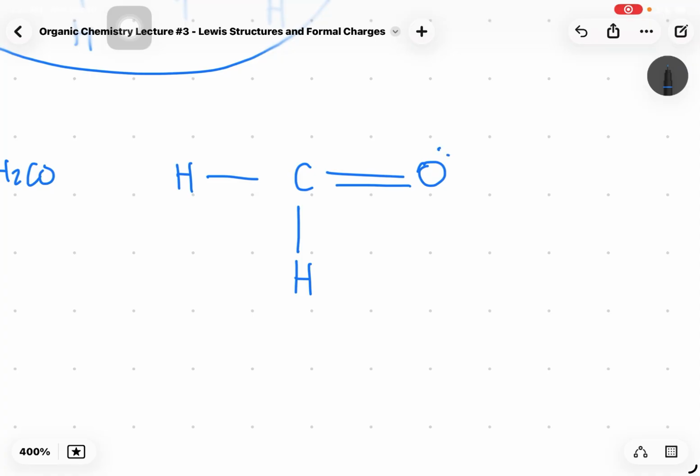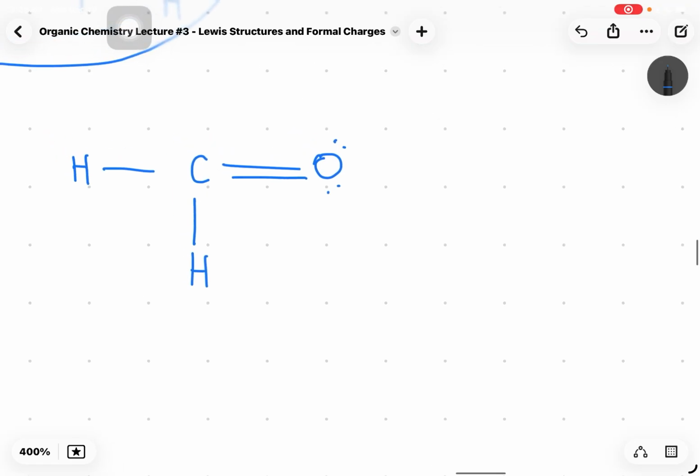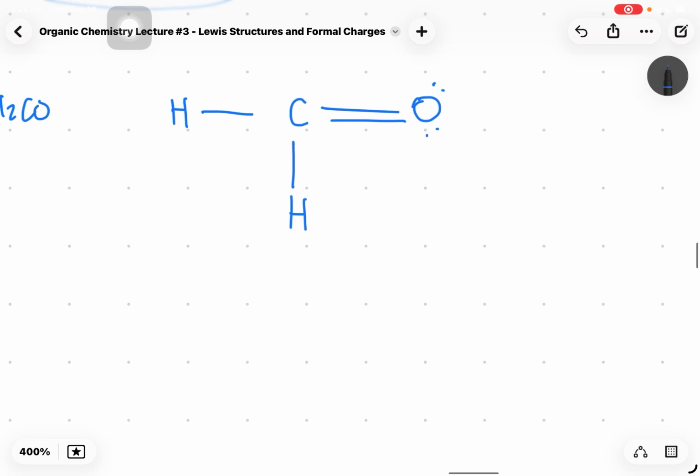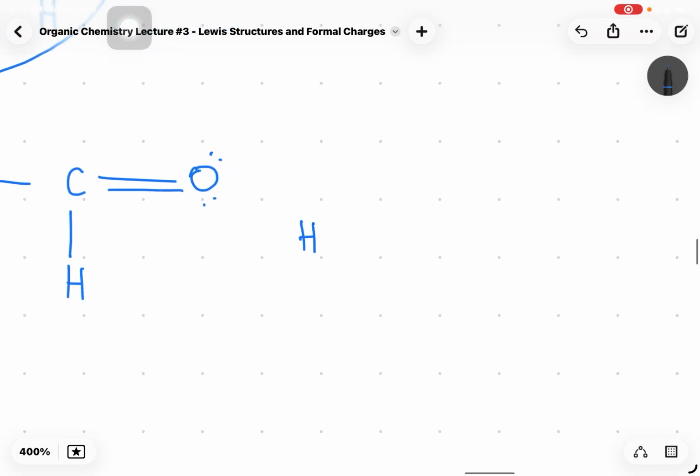So 1, 2, 3, 4. So this should be your acceptable Lewis structure for H2CO. And that's pretty much it for multiple bonds. You can also rewrite it like this, in its proper geometric shape. But we'll get to that in a different lesson.